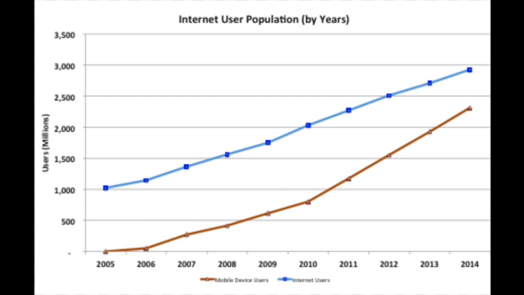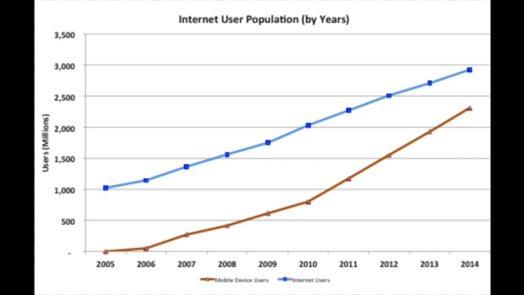Now let's compare that suicide rate to the internet user population by year. 2005: not very many people, right? Especially not very many people on mobile devices. As we progress through the years, we can see that around the year 2010, we have about 750 million units using smartphone devices and about 2,000 people using internet devices, period.